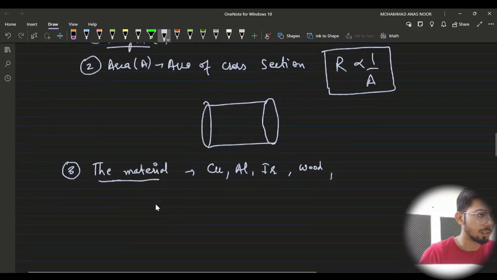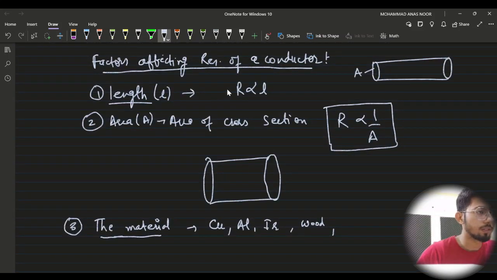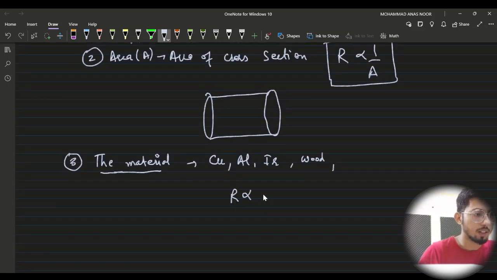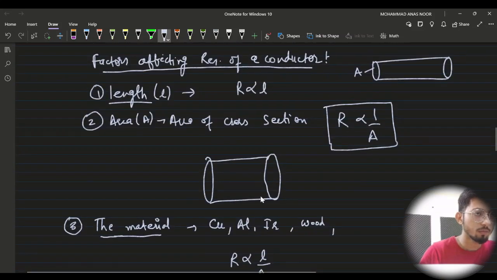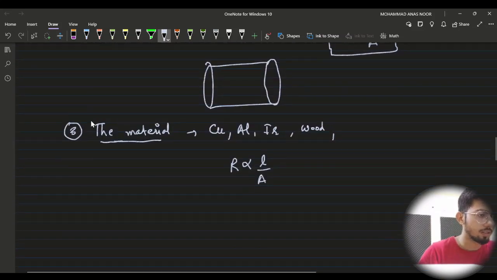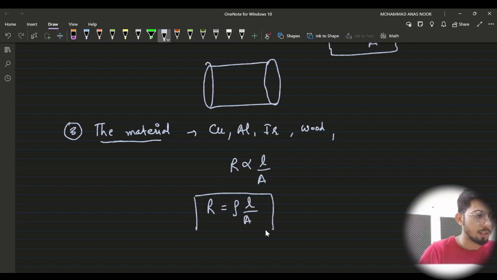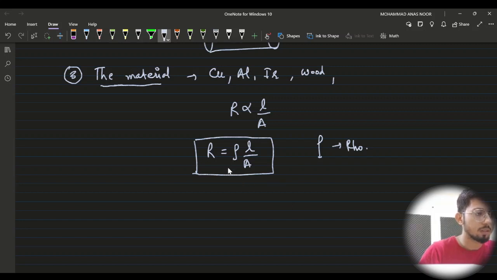From this we have seen that R is proportional to L, R is proportional to 1 by A, and if you combine these two you can say R is proportional to L by A. If you want to remove this proportionality and introduce a symbol rho to put in the equal sign, R is rho L by A. Rho decides the material.